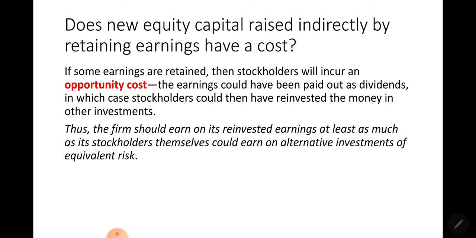So thus the firms should earn on its reinvested earnings at least as much as its stockholders themselves could earn on alternative investments of equivalent risk. It's the same thing कि आपकी corporation की responsibility है that they have to give the stockholders their opportunity cost.